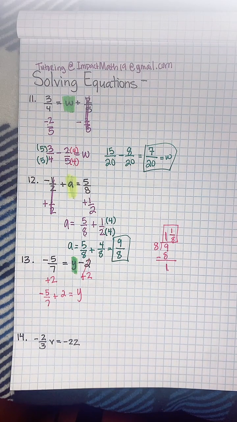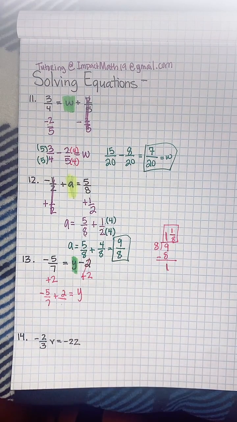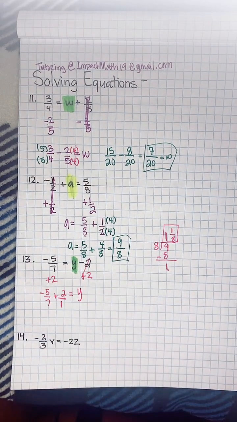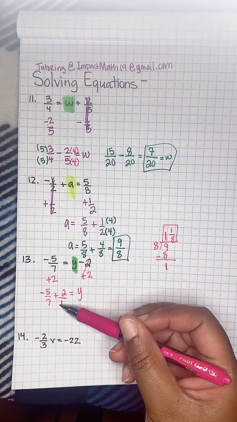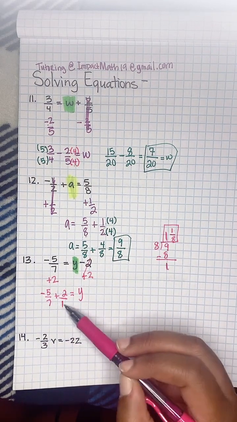What can I put the 2 over? What can I put down here? A 1? Good. A 1. Good, because every whole number can go over 1. Now, again, this is adding fractions.